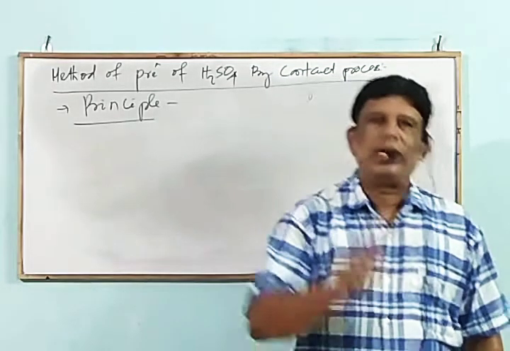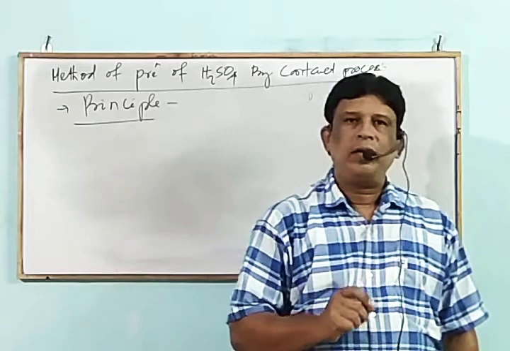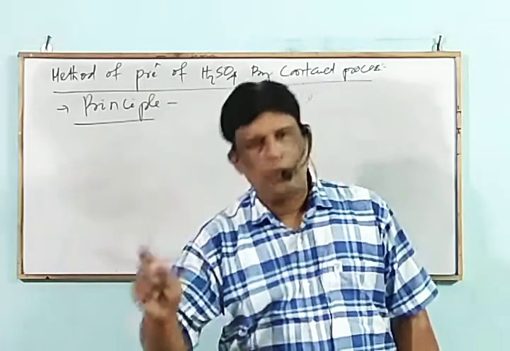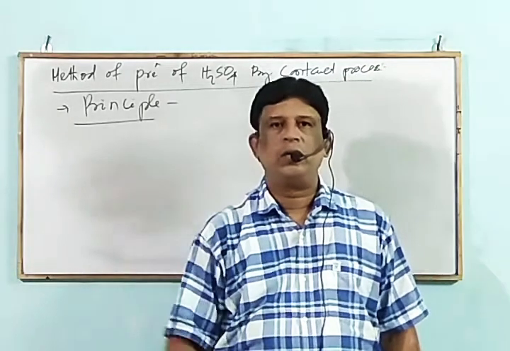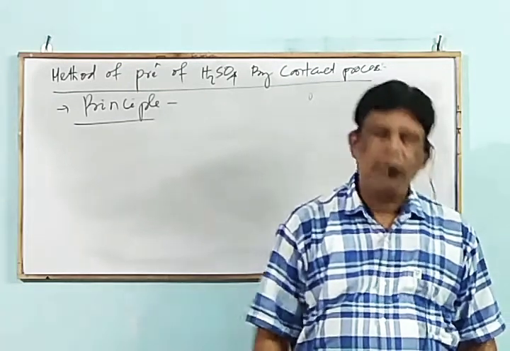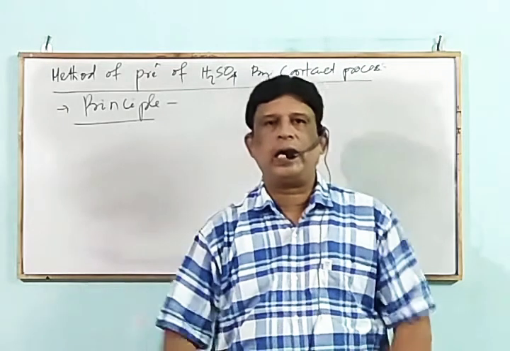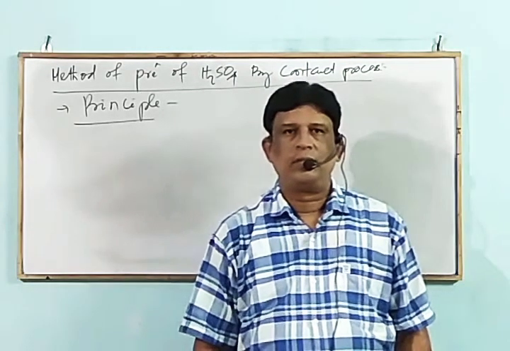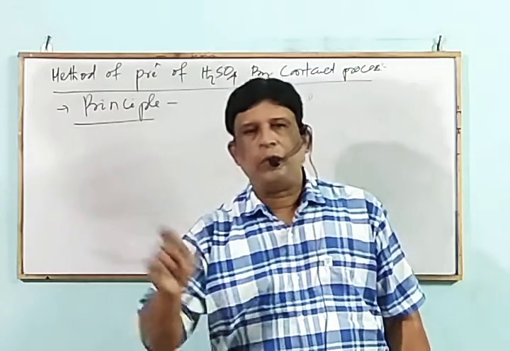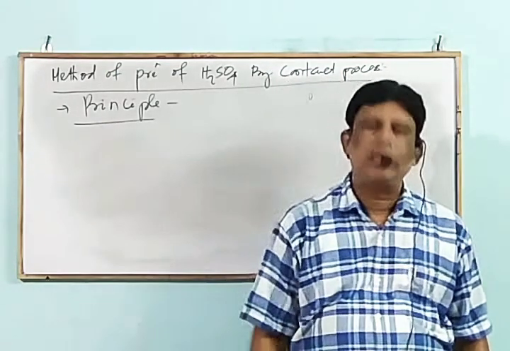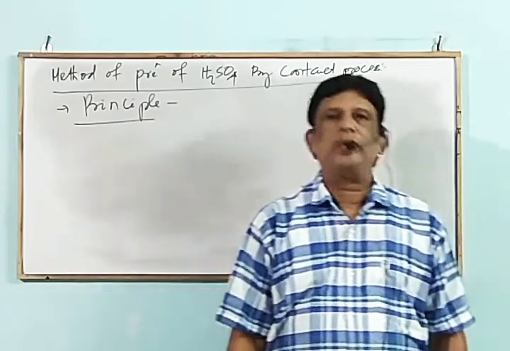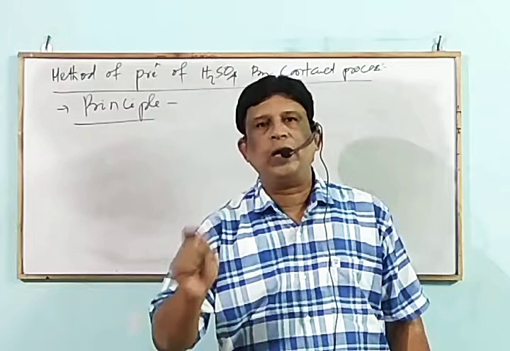The sulfur dioxide formed by burning sulfur, that means S plus O2 gives SO2, or by roasting of iron pyrite, is then converted to sulfur trioxide at a temperature of 450 to 500 degrees Celsius and 2 atmospheric pressure, in the presence of a catalyst, that is platinized asbestos or vanadium pentoxide.